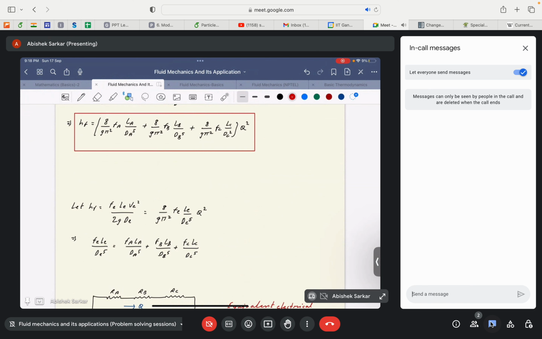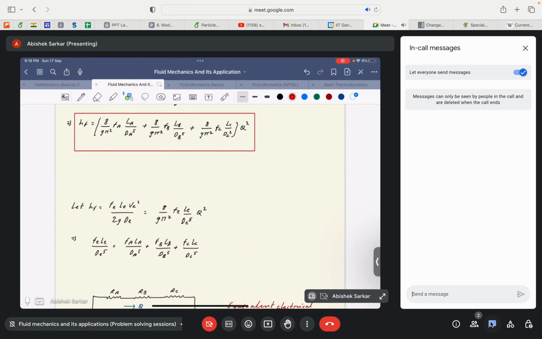So instead of using pipes of different diameters or different lengths in this series connection, what we want to try is to replace this junction with an equivalent pipe of an equivalent length and equivalent diameter. That is what we want to find.